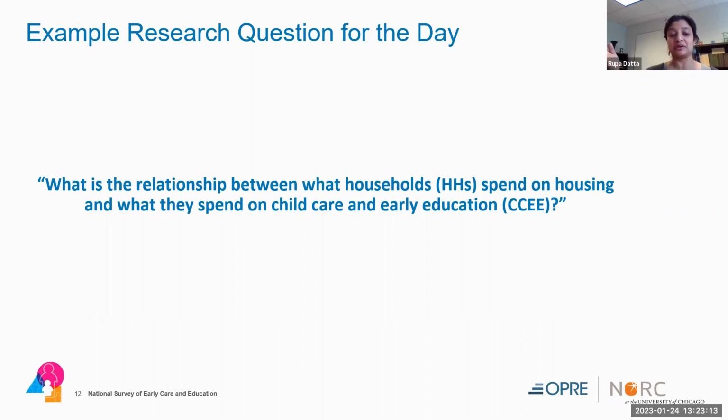And so in order to address this question, you would likely need to link in some external data on housing cost, and then you would use the NSECE childcare data. So we'll just talk through this. The choices and the considerations really apply to any research project you'll do. We'll come back to this particular example to help us with our conversation.